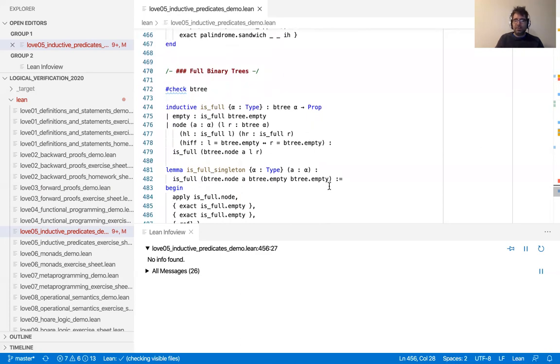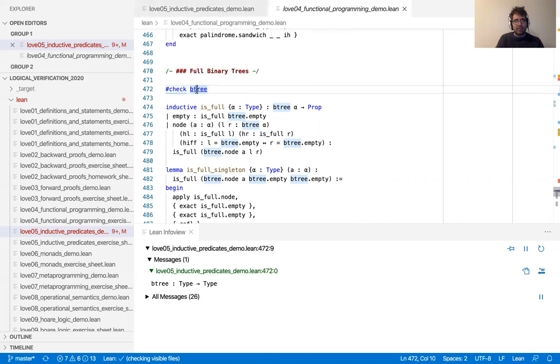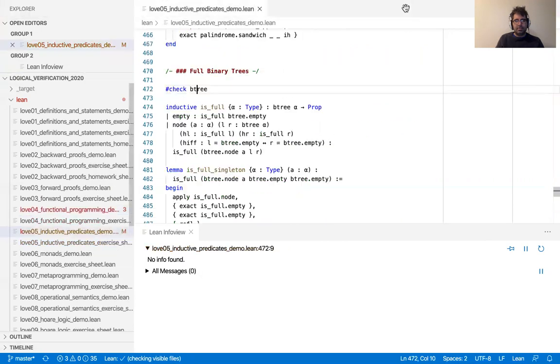So there's a full binary tree, where the idea is that we have this binary tree type that we saw in lecture 4, I think. And now we define a predicate on it to identify those binary trees that are full. So each layer is fully populated by nodes, and then the very last layer has empty leaves, right?